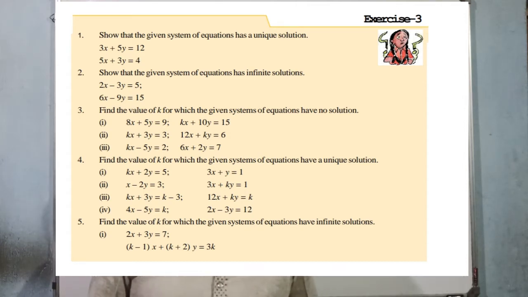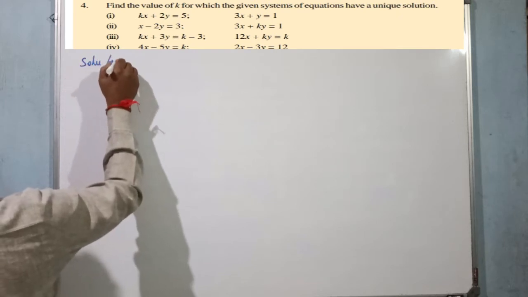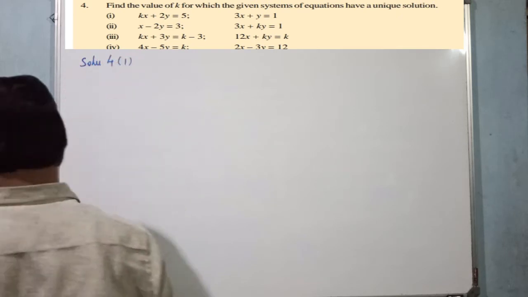Next question, question number 4 of exercise 3. Find the value of k for which the given system of equations have a unique solution. First, kx plus 2y is equal to 5, 3x plus y equal to 1. Solution 4 first.